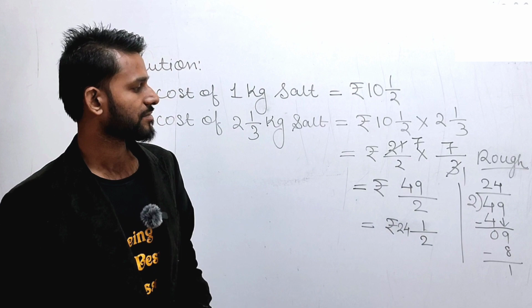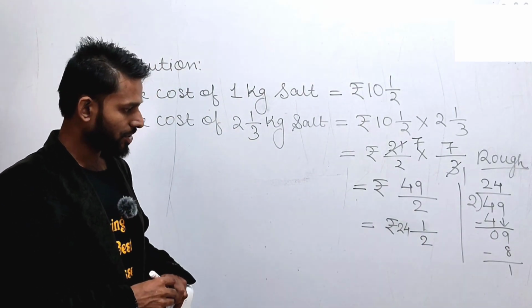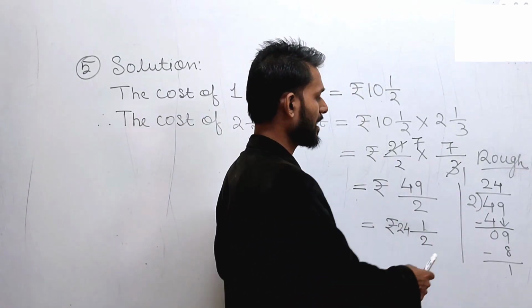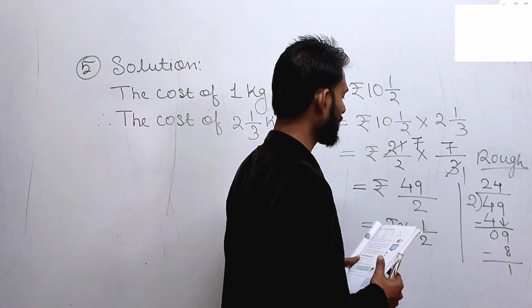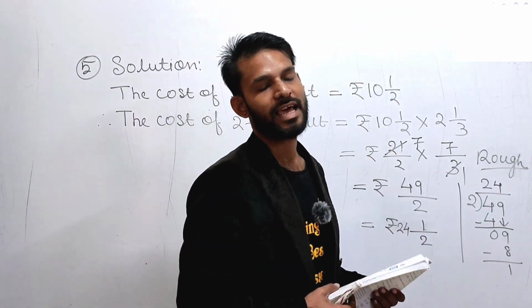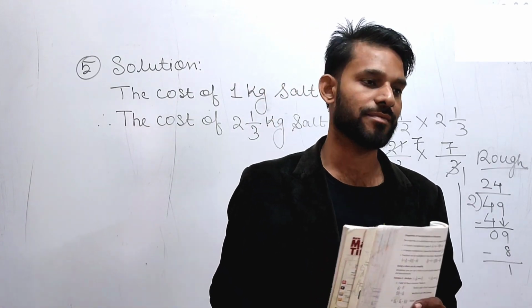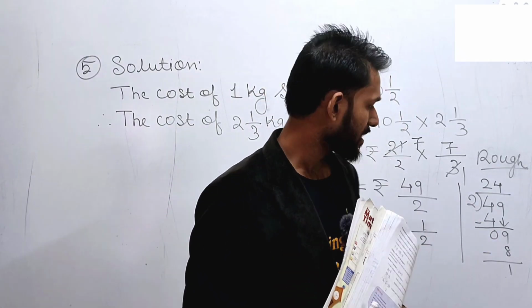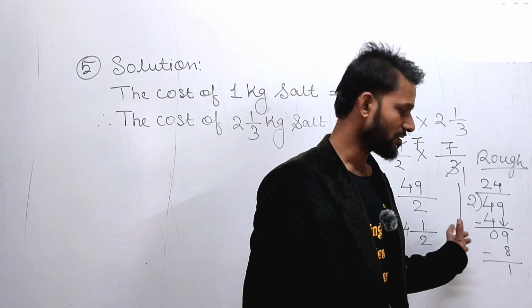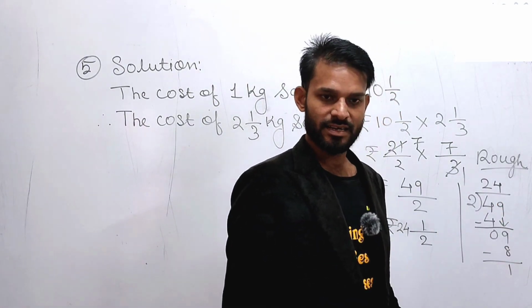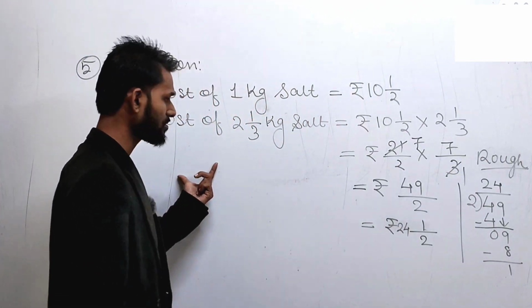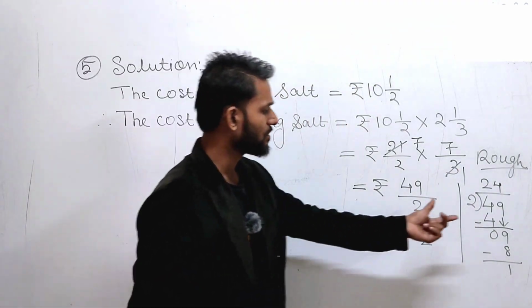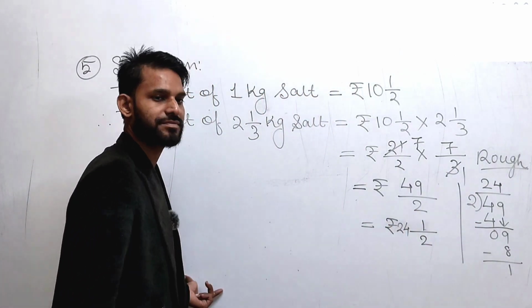Clear? So if you do the calculation here, then you can write here easily. If you don't do the calculation, then the teacher will feel like you are cheating from some other students. So better to show the calculation on the right side. Clear? And if there is no space, you can do it here also. Same calculation, you can show it here.